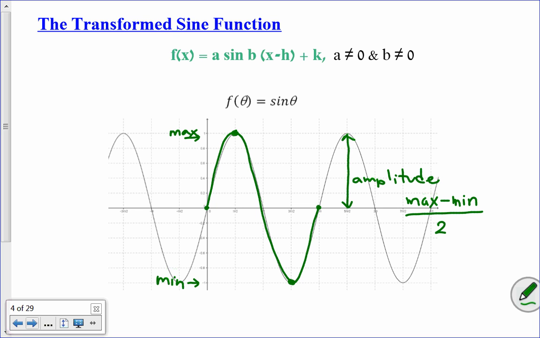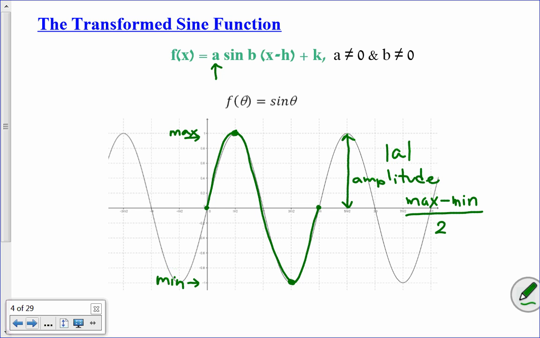Okay, and the amplitude in our formula here is going to be our A. But it's going to be absolute value of A. Why is it absolute value of A and not just A? Because if you have, let's say, minus 2, the amplitude cannot be minus 2. It's only 2.